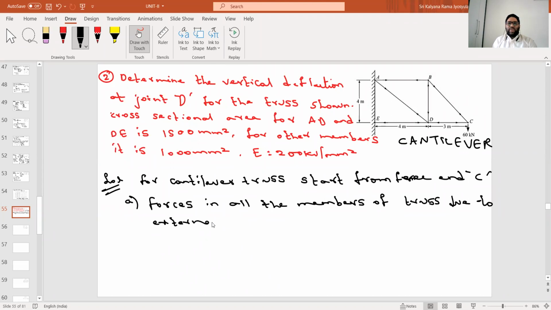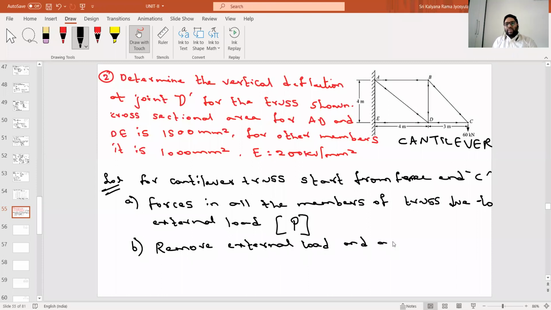Where is the external load given? 60 kilonewton, at C. This will be your value P. Second, remove the external load and apply a unit load at D, and then calculate forces.